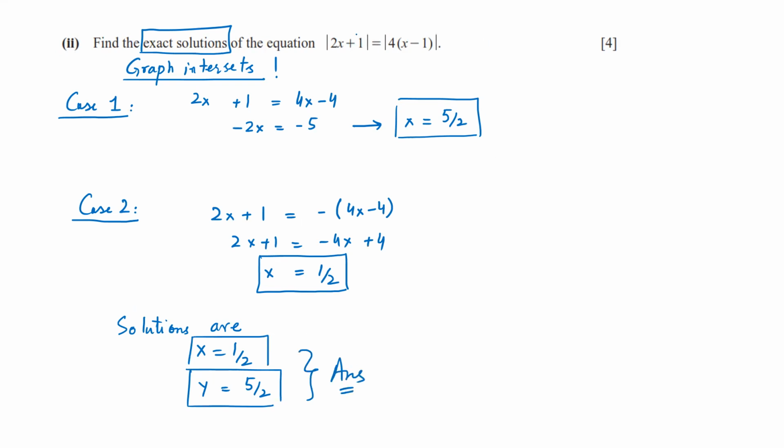The easiest way to solve it is, when you remove the mod, you do this equals plus minus (4x minus 1). Always good to use the plus minus with one side. Solve it with plus, you have one equation. Solve it with the minus sign, you have another equation. You'll get your 2 values.